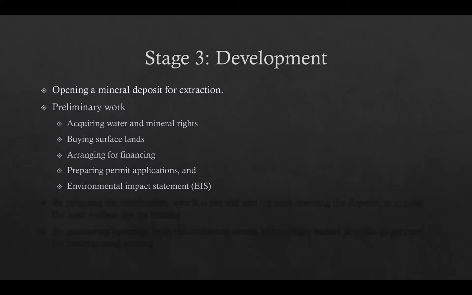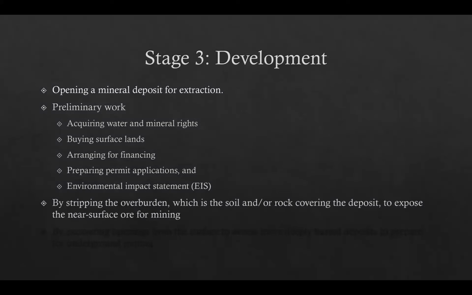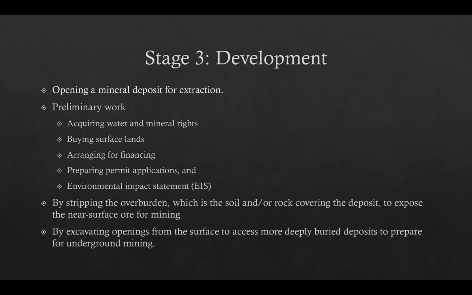After these steps, access to ore must be gained either by stripping the overburden, which is the soil or the rock covering the deposit, to expose the near surface ore for mining, or by excavating openings from the surface to access more deeply buried deposits to prepare for underground mining.